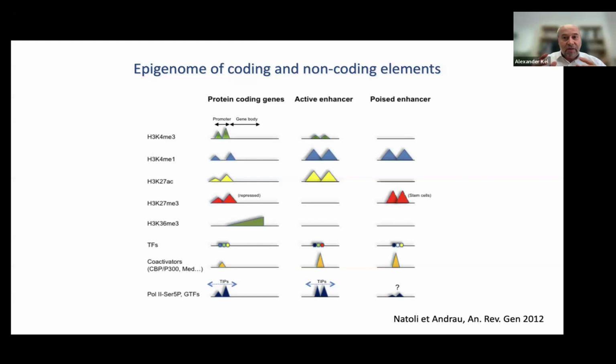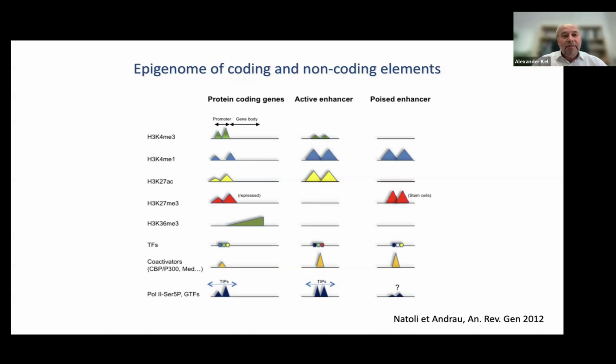For transcription to start, you need the chromatin to be opened, and for that, the proteins which build the nucleosomes change. They get various types of modifications, and they were all studied. Maybe not all, but a lot of them were studied, using different types of techniques we are going to talk about today.